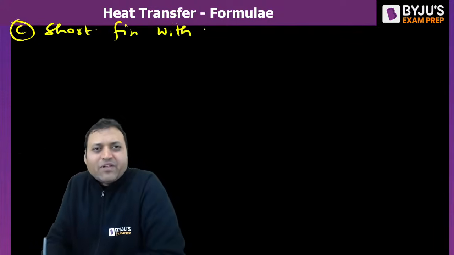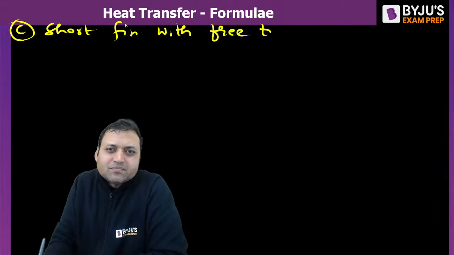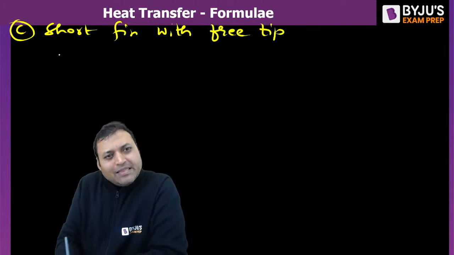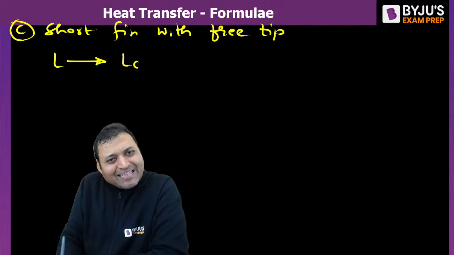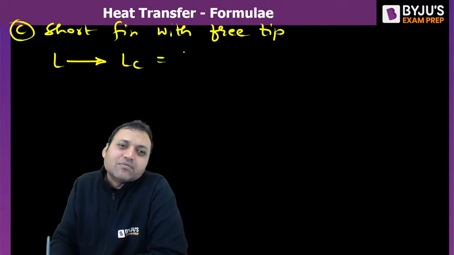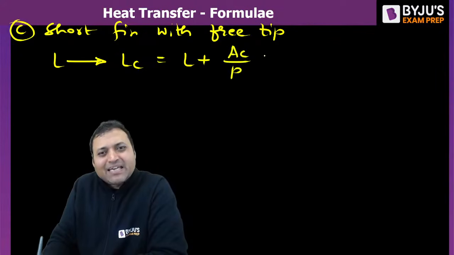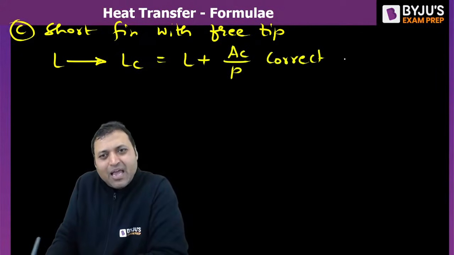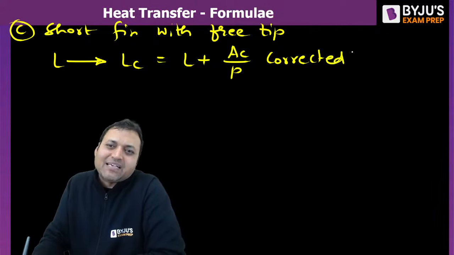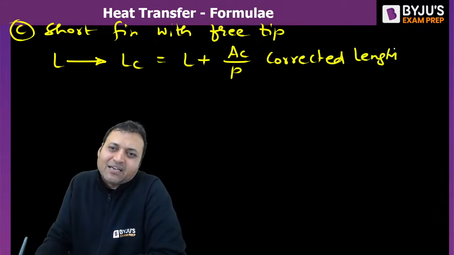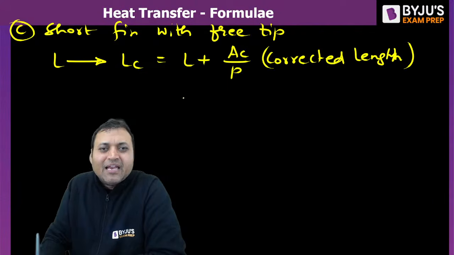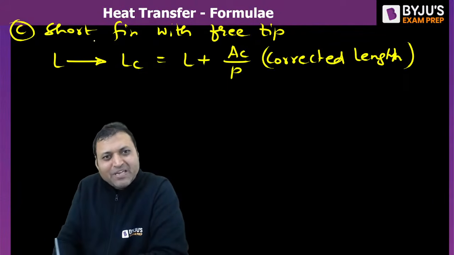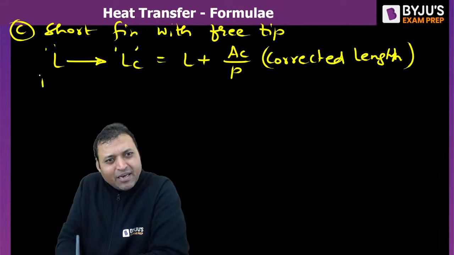For short fin with free tip, L is replaced by Lc, that is equal to L plus Ac by perimeter, which is called the characteristic length. L will be replaced by Lc in our previous formula. Put Lc for L in the previous formula.